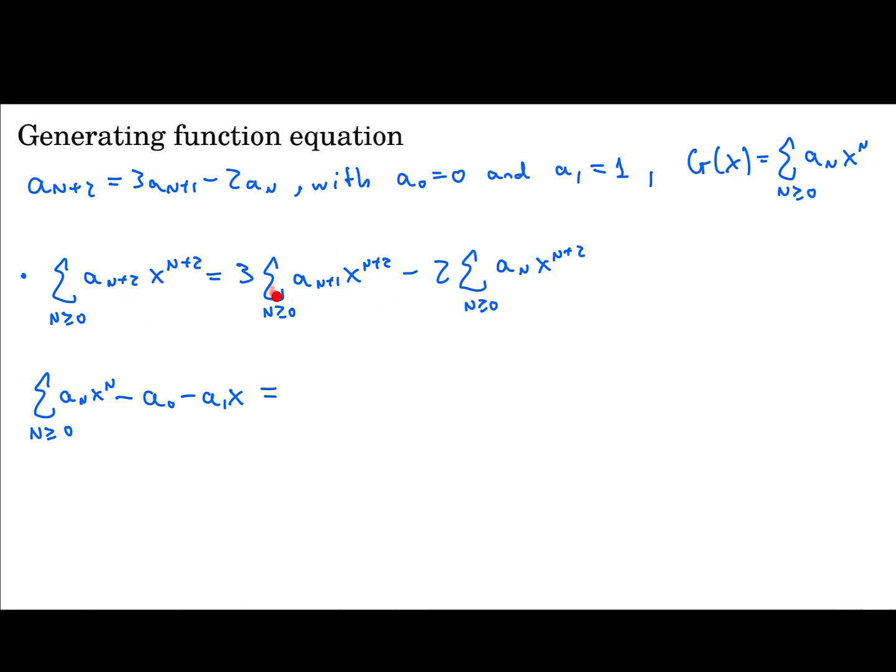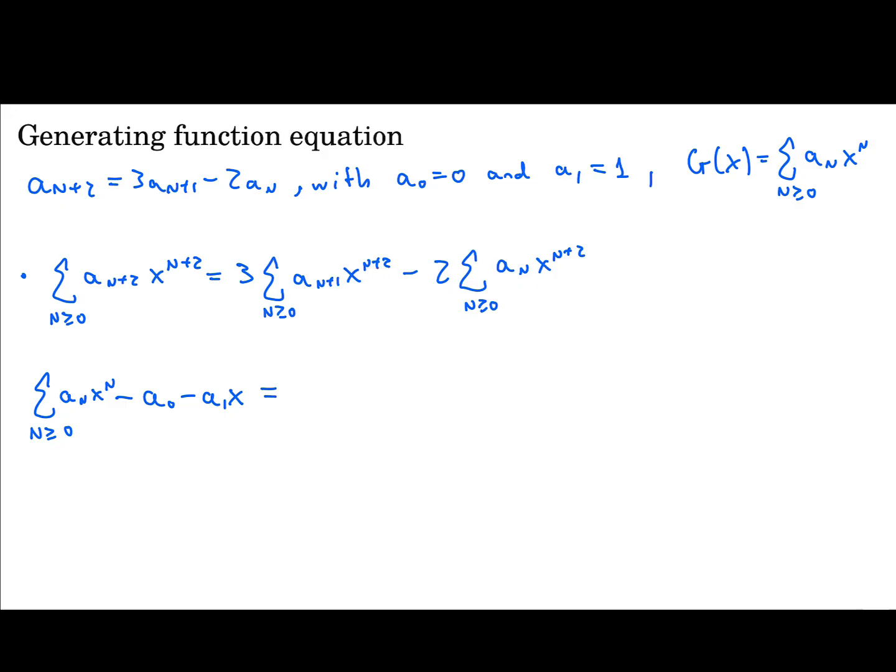For this part here, we have a similar issue that things are not starting at n, but more than that, we also have the problem that these things are not matched to each other. How can we solve that? Well, this x^{n+2} here, we can factor out an x, and then it would be x^{n+1}.